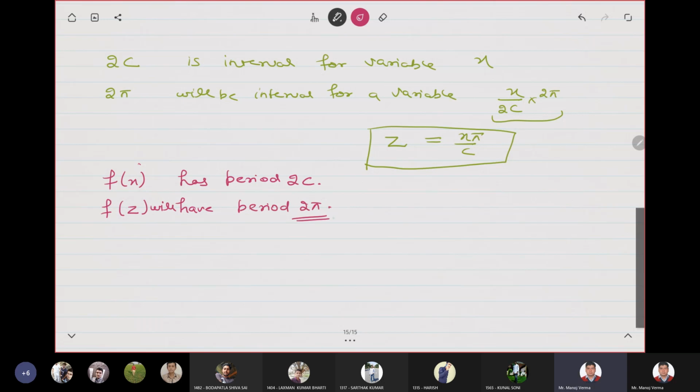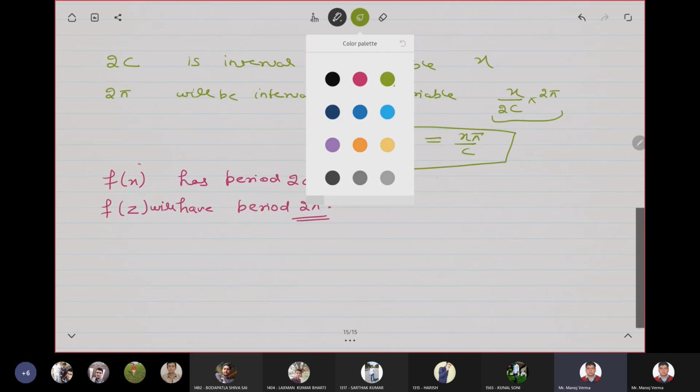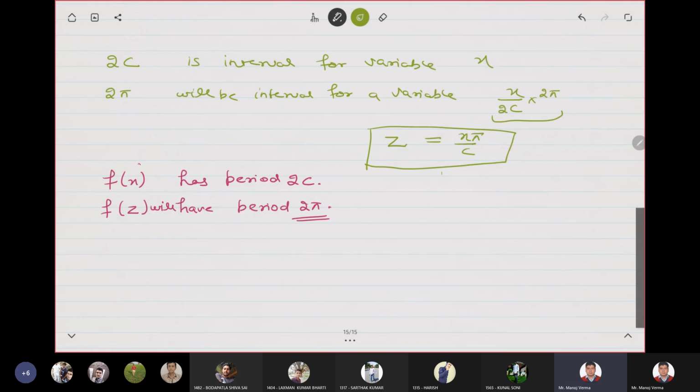In this manner we have replaced the variable x with a new variable z in the function, and by doing this we are changing its period from 2c to 2 pi.